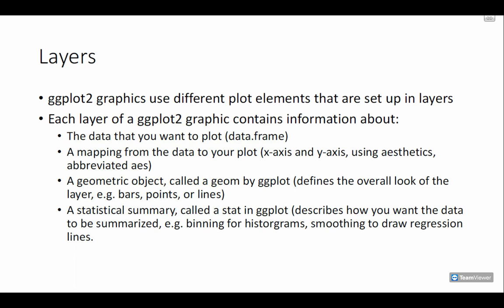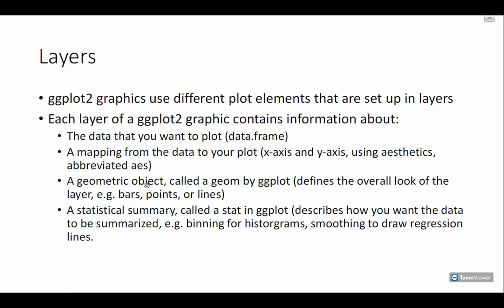with ggplot2. So the next layer up, after you add the data frame and the aesthetics, which is the x and the y-axis, you have to specify what type of plot you want.